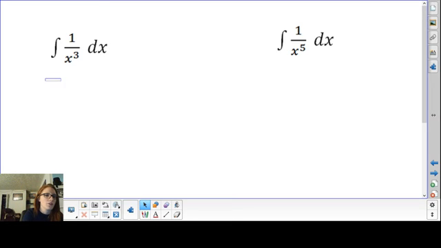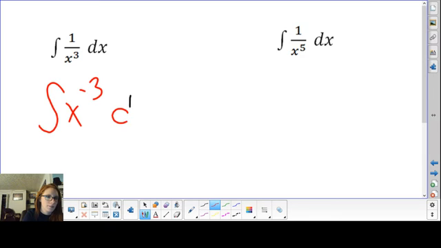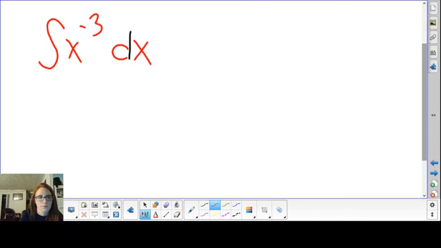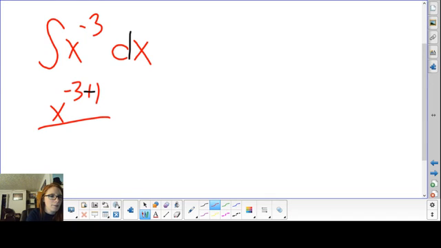Well, it's going to be the integration, maybe, of x to the negative 3rd dx. So again, I still take my negative 3, and I add 1, and I divide by my negative 3 plus 1. And I still have my plus c. Nothing's changed there.